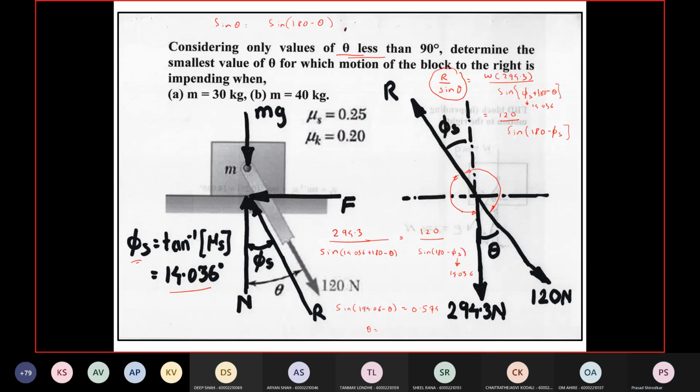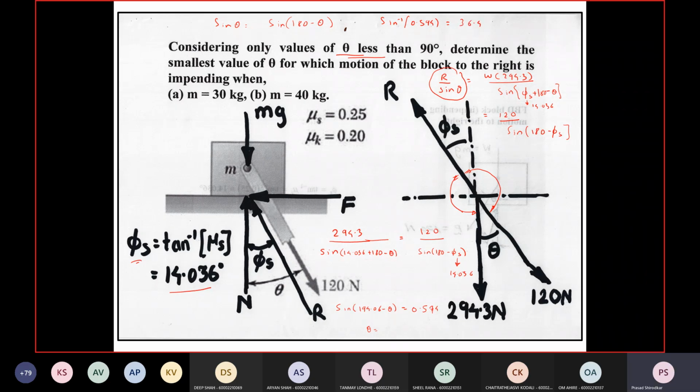Got it? Or should I explain? Okay, let me explain. When you take sine inverse of 0.594, the calculator will give you the value 36.44.